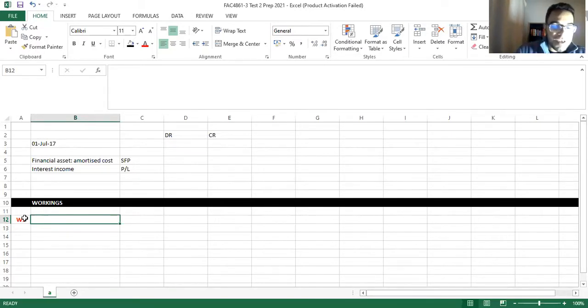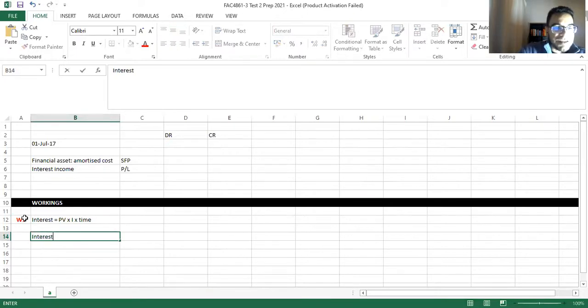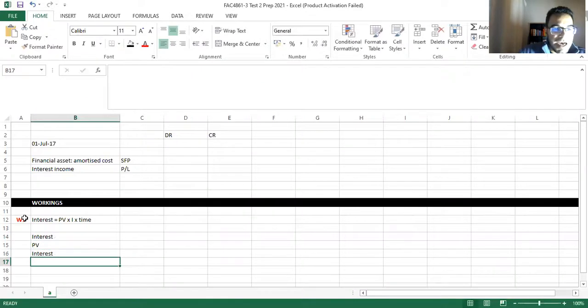So remember, interest equals present value multiplied by i multiplied by time. We want the interest amount, so we're going to need the present value, we're going to need i, and we're going to need the time.